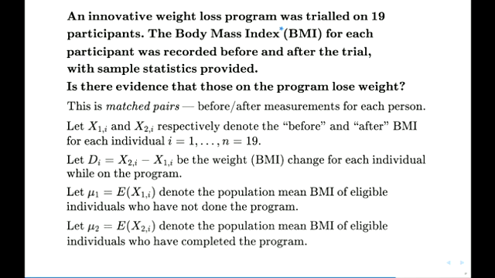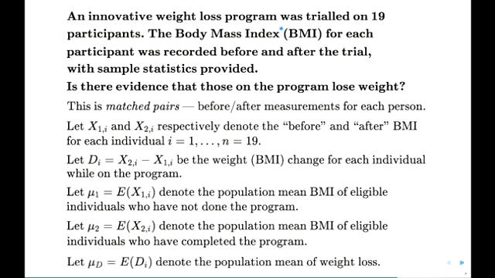Then mu2 would be the population mean of BMI of those who complete the program. And we're interested in particular in the difference between these.